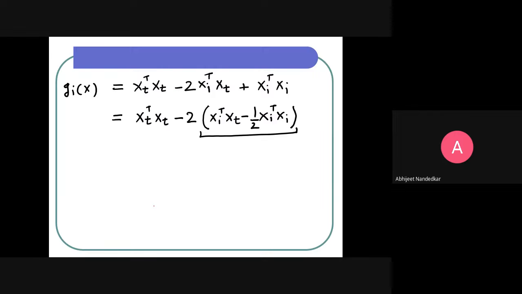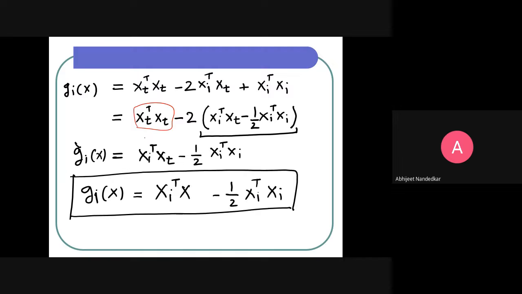Now how to implement this actually? You can rearrange the terms here. You will see that the first term is fixed for all g's. For gi's, if I write for suppose g1(x), then this is equal to xt transpose xt minus twice of x1 transpose xt plus x1 transpose x1. If I put a 2 here, what will change?